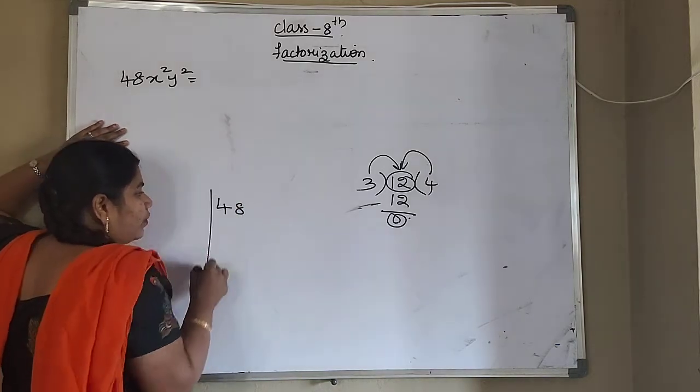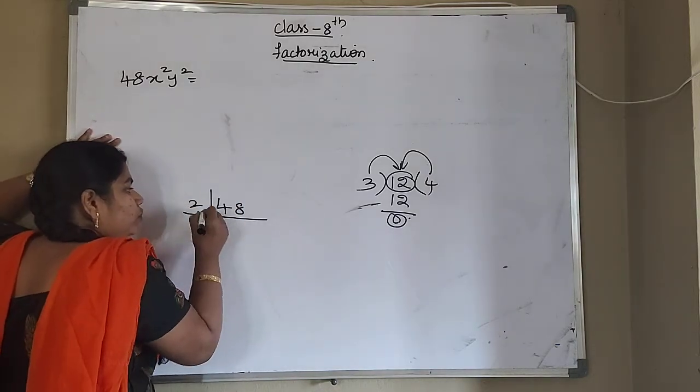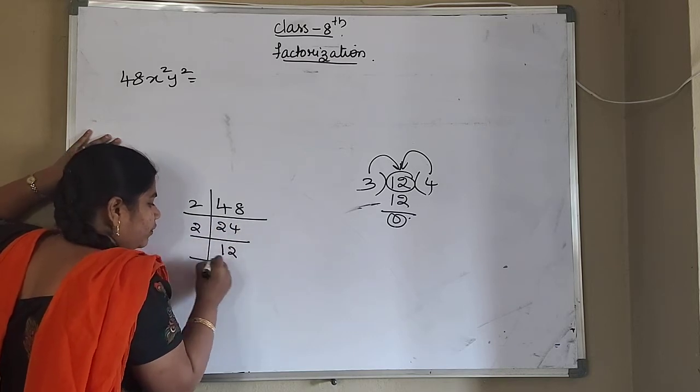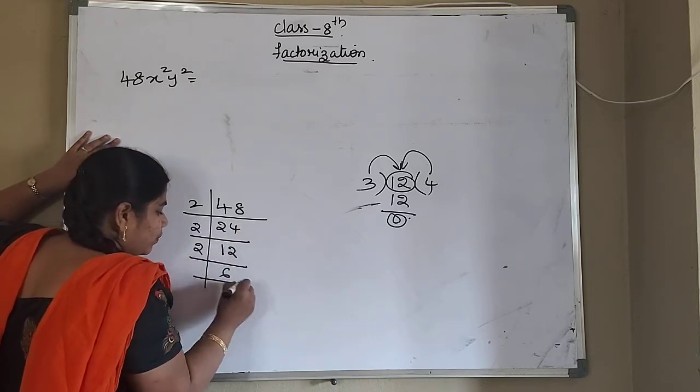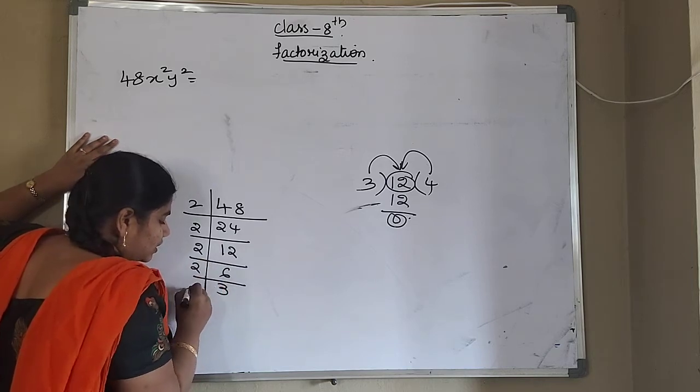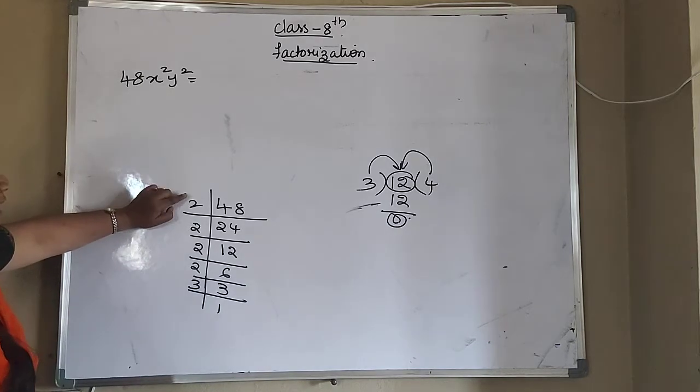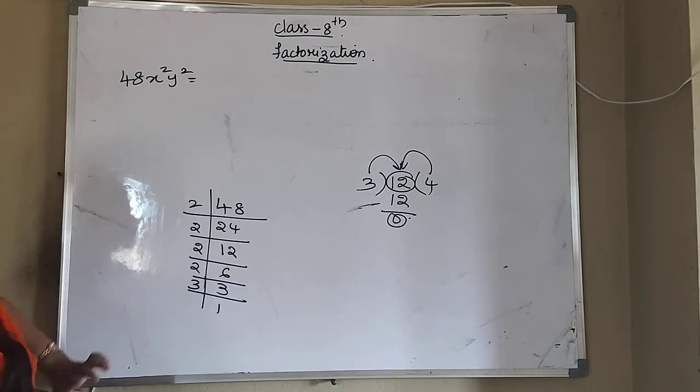So convert 48 into prime factors now. 2 24s are 48, 2 12s are 24, 2 6s are 12, 2 3s are 6, 3 1s are 3. These are the prime factors of 48.